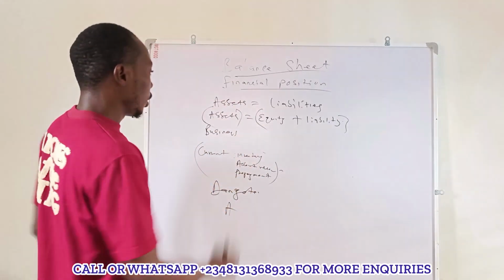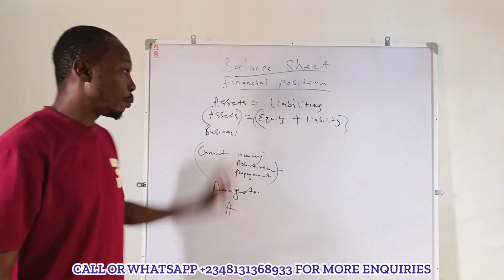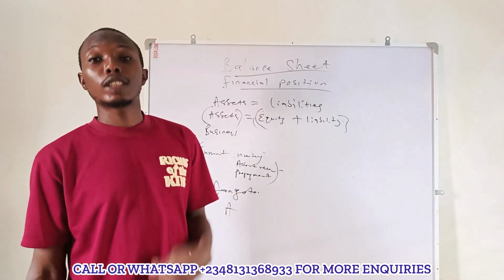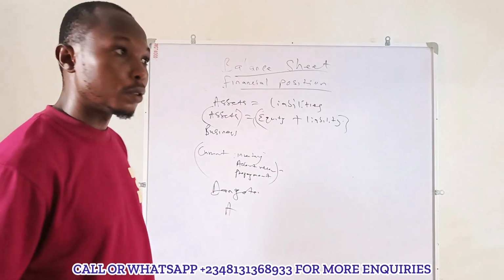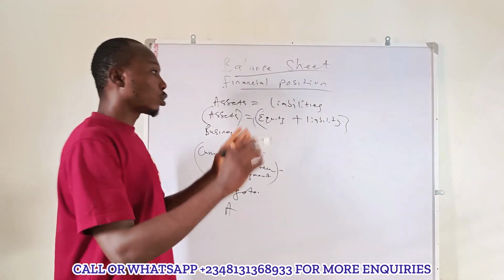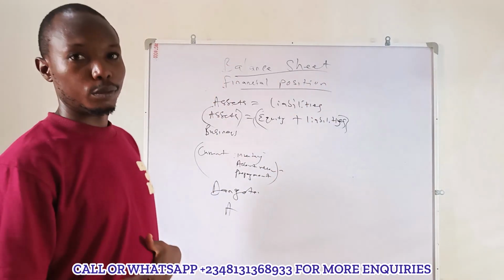Now, this is asset is equal to liability. The first liability here is the equity. The business is owing the owner an amount of money that the owner has invested plus any profit therein that might come in. Then the other liability is the third party liability, any other person apart from the owner.